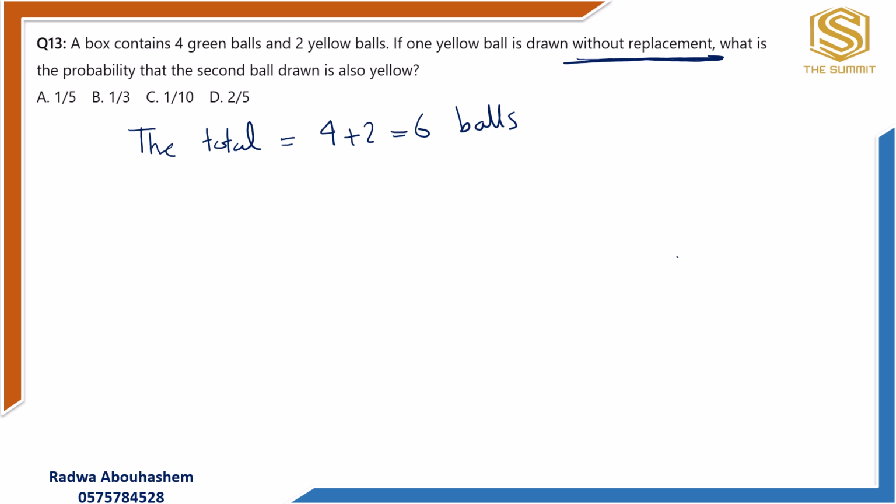So this means I have to change the total while doing the probability. Now he drew 1 yellow ball, so the balls left would be 5, right? So the probability of getting a yellow again: I already drew one yellow ball, so it's 1 yellow over 5.